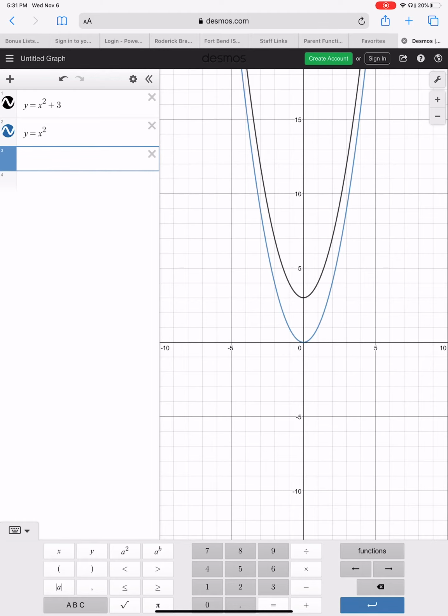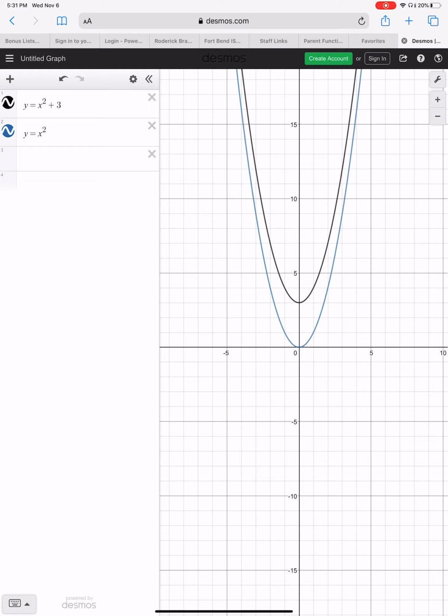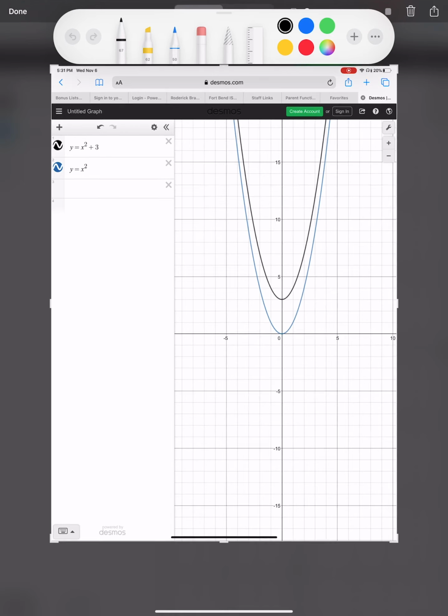Well, it looks like they just moved the graph of x squared up 3 units. Every point on this graph went up 3 units. 1, 2, 3. So now instead of being at 0, 0, we're at 0, 3.